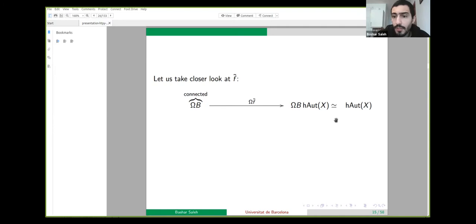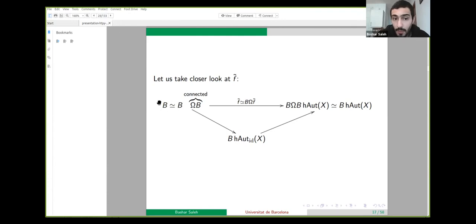This monoid is in general disconnected, but our space is connected, so the map will land in the connected component of the identity, since the identity is sent to the identity. So we have a factorization like this. And now let's take the classifying space again.